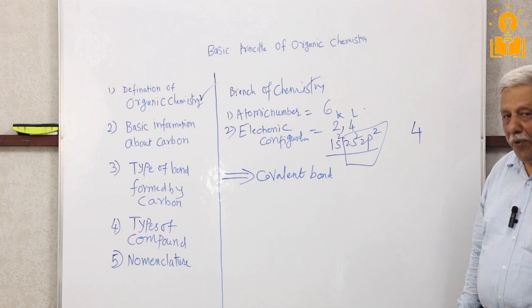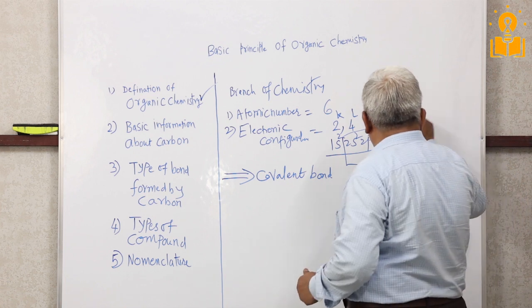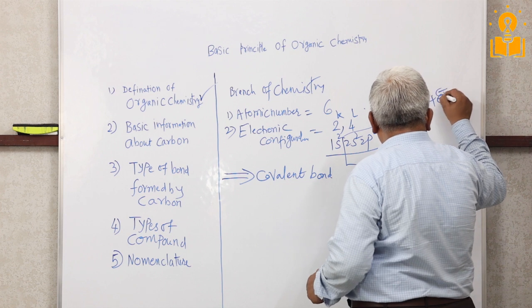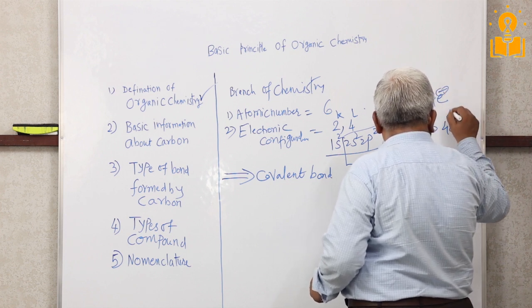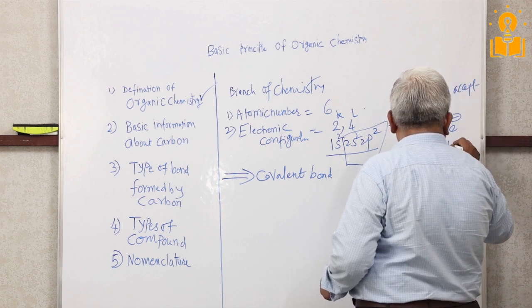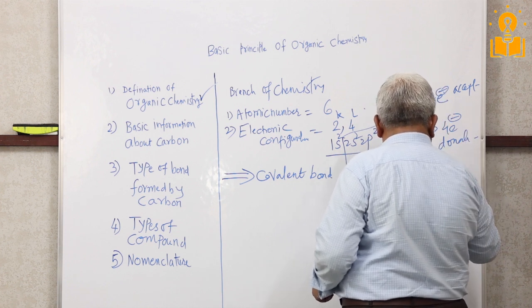Now if we see carbon, the outermost shell contains 4 electrons. So it has 3 possibilities. One, either accept 4 electrons, or donate 4 electrons, or share.